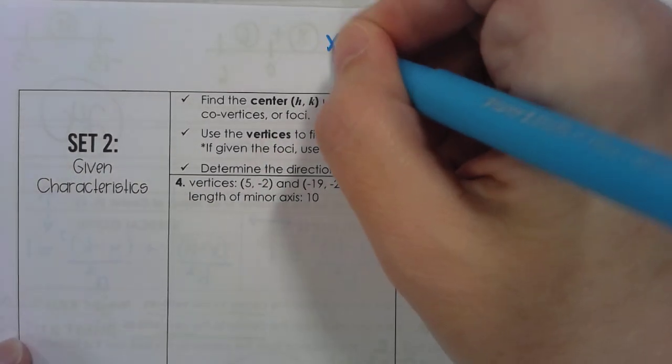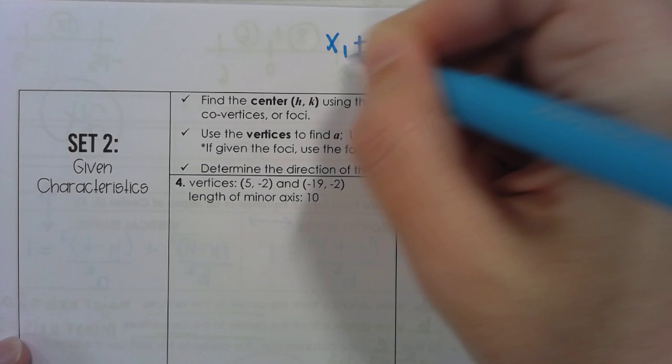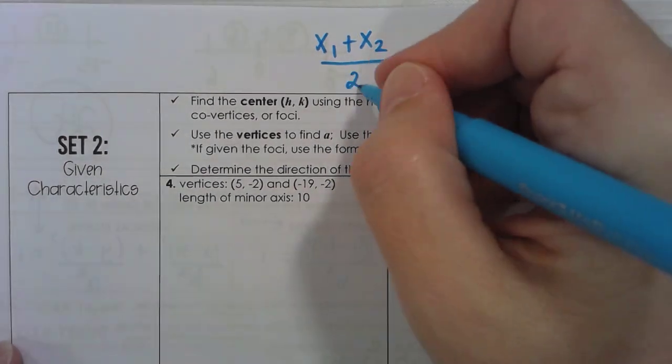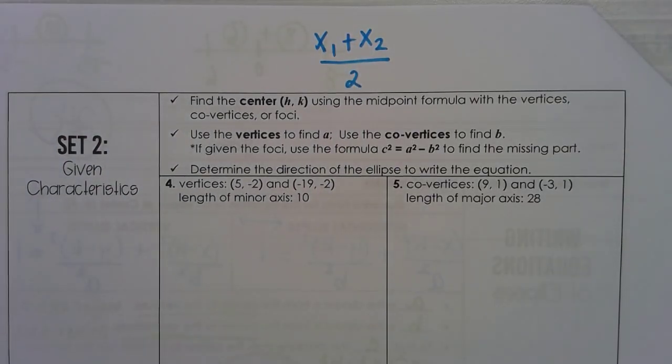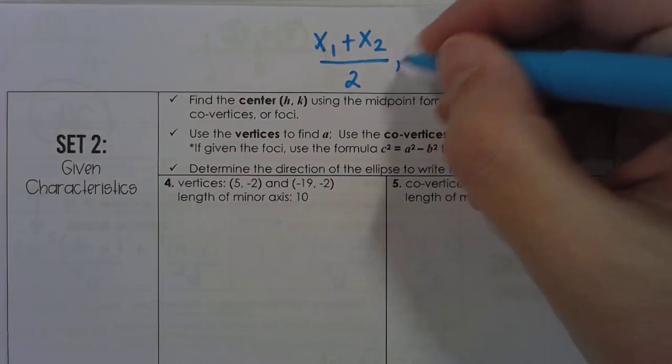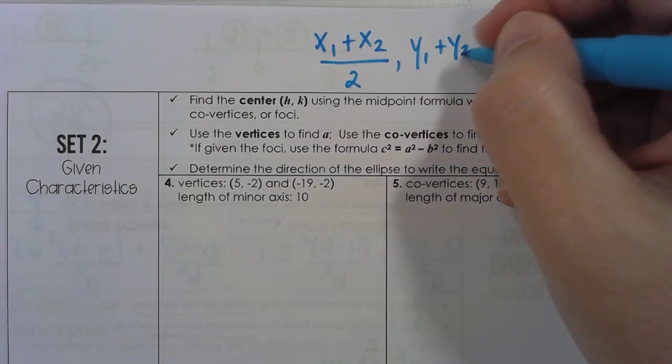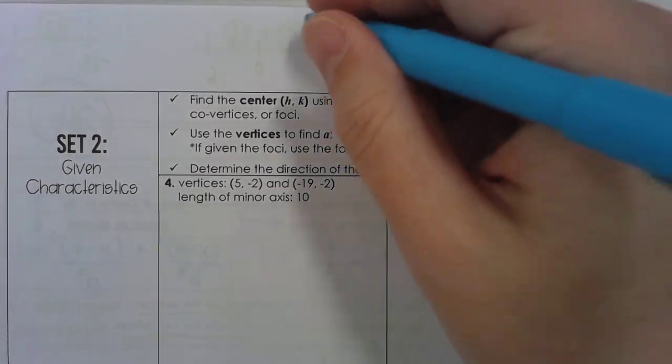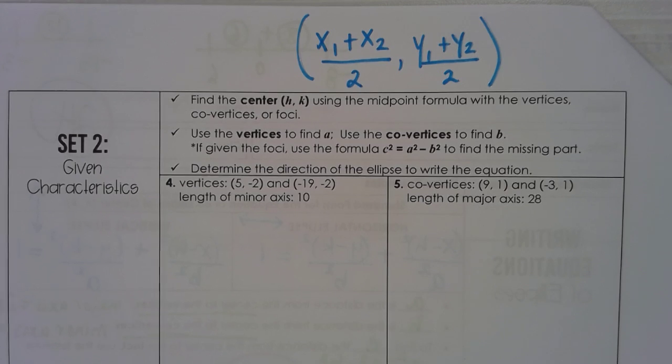The midpoint formula says you're going to add your two values together and divide by 2. It's just an average. When you're trying to find the middle of something, you add the values and divide by 2. We'll do that for the x's, and we can do that for the y's. Technically, we only have to do 1 because all of our points share one number. They both have the same y value, 2. If you added 2 plus 2 and divided by 2, you'd get back to what you started with.